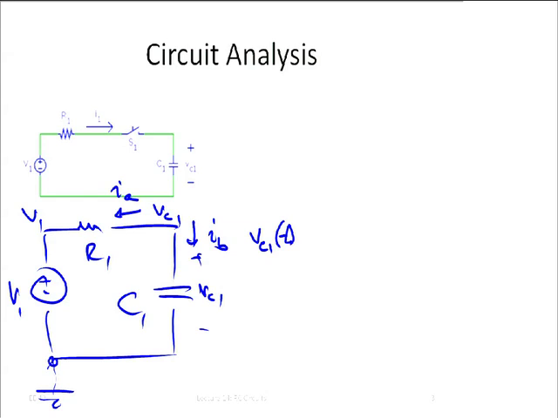What about the current IB? Okay, so some of you paid attention and read the book and so on, but let's get on that. So for the capacitor, the charge on the capacitor is Q1 equals C1 times Vc of t. Okay?